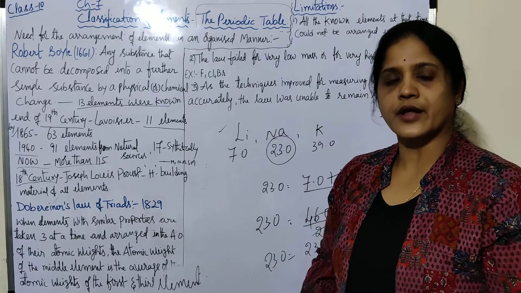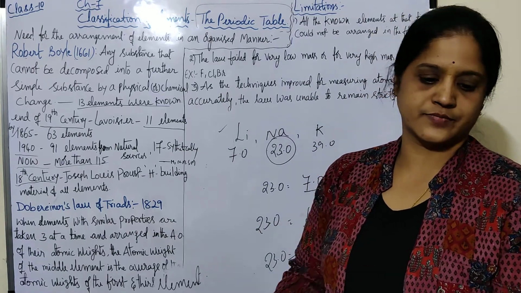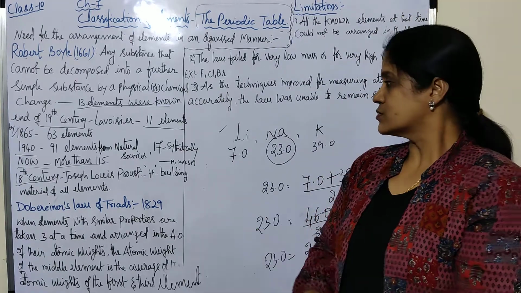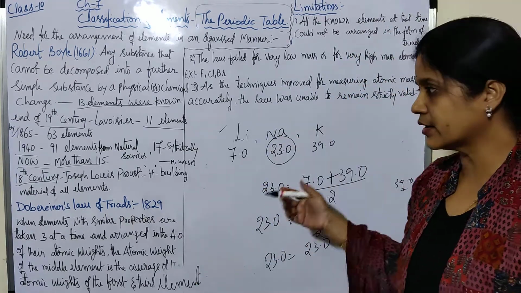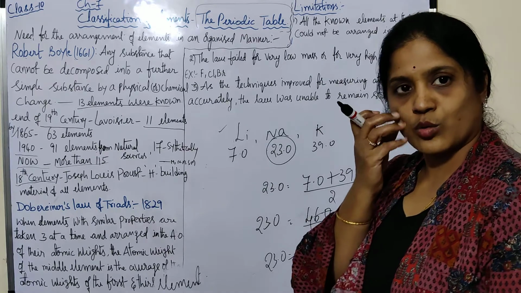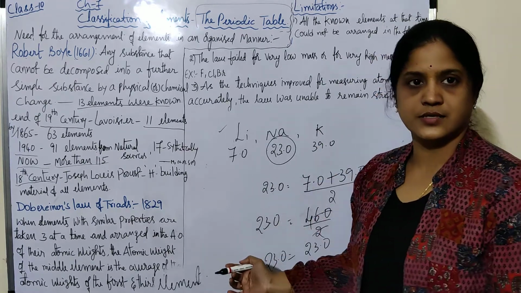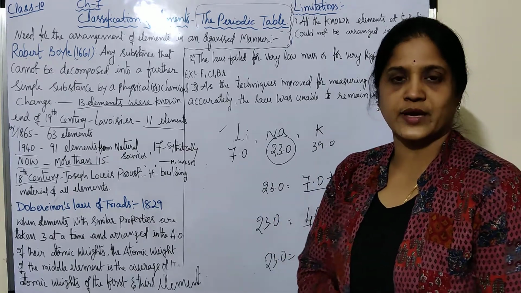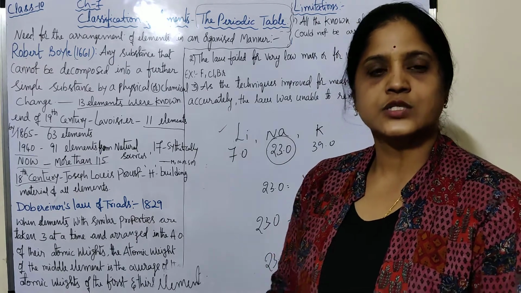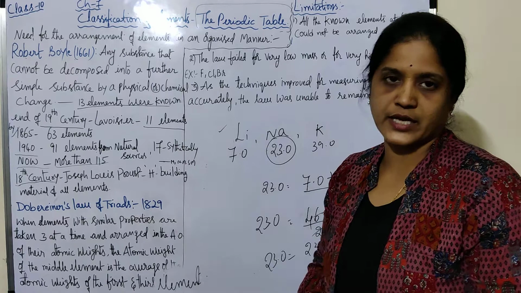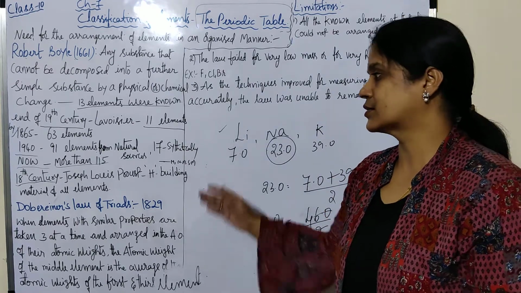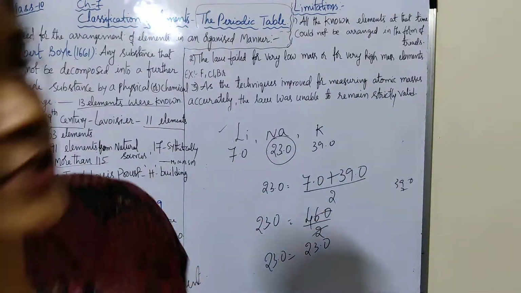Okay, now limitations. Whatever elements were known at that time, he arranged like this, but there are some drawbacks in his arrangement, so we'll discuss that. What are the limitations of Dobereiner's classification?